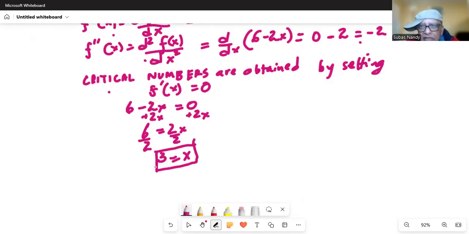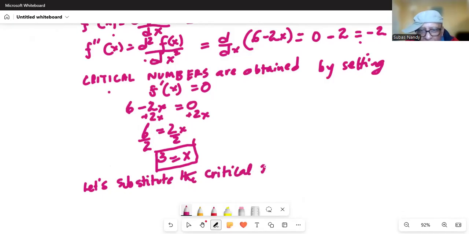Now let's substitute the critical number x equal to 3 in the second derivative. And we already know the second derivative f double prime of x is minus 2.